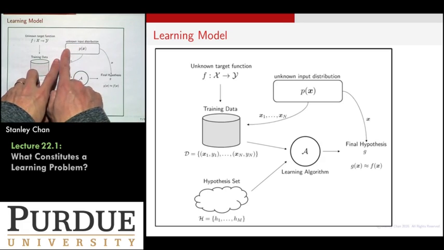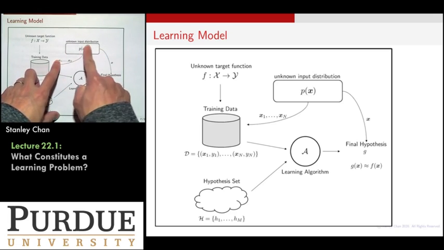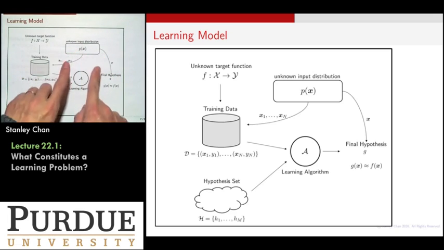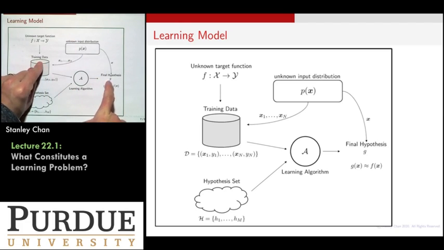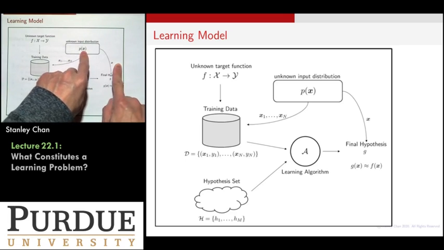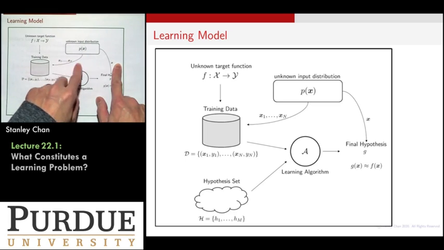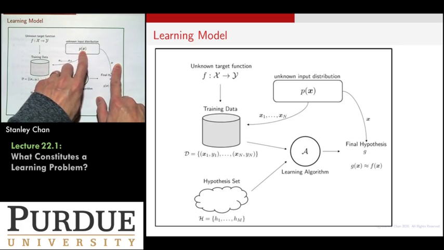There is something interesting here. It's called the unknown input distribution, which I have not introduced yet. However, this unknown distribution does an extremely important bit of magic that links the training data set and the testing data set, which I'm not specifying here yet. This P of X is a probability distribution, and all the training samples will be drawn from it.